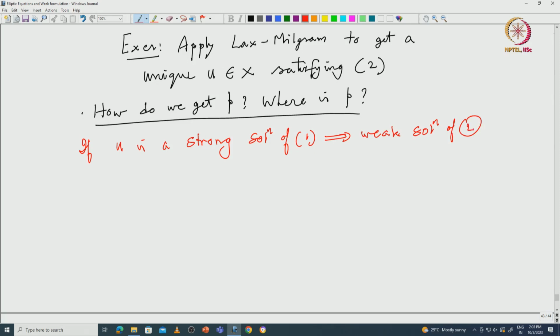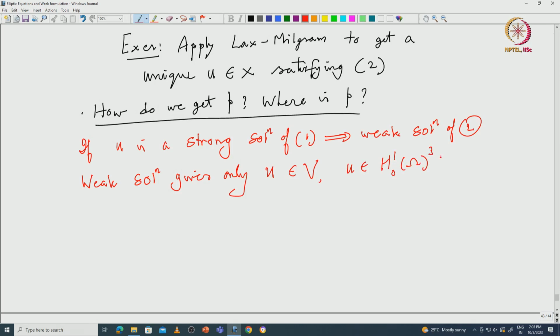Now, but a weak solution gives only U in V. That means U is in H1 naught of omega cube.